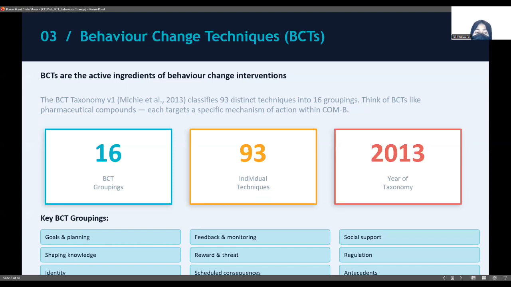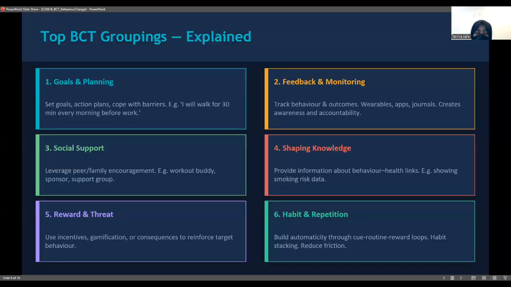So we have 16 BCT groupings and 93 individual techniques in the 2013 taxonomy. Key BCT groupings include goals and planning, shaping knowledge, identity, feedback and monitoring, reward and threat, scheduled consequences, social support, regulation, antecedents. Now we will see the top BCT groupings explained.